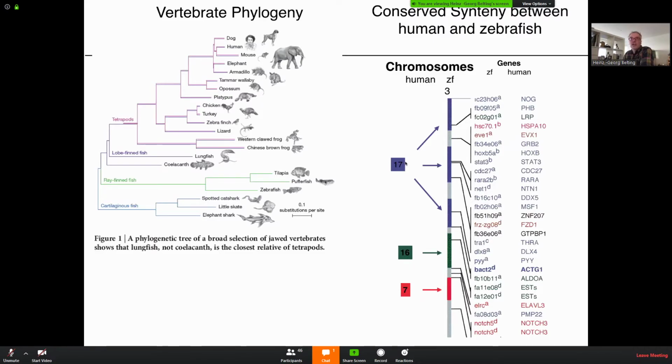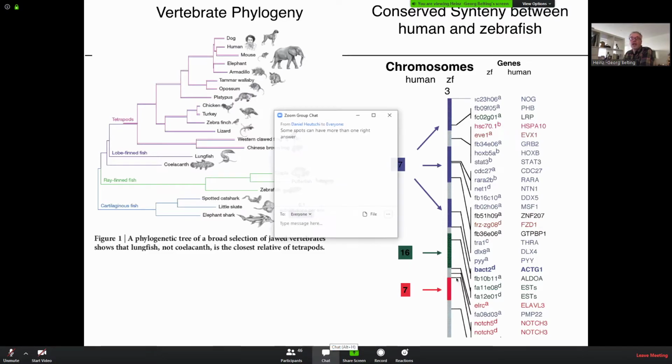So it's the same genes in the same order. They have kept their arrangements. There has been some shuffling, but it really shows that the basic plan in vertebrates on the chromosome level, in the gene organization, has been conserved. And it really shows that we go back to the same roots.